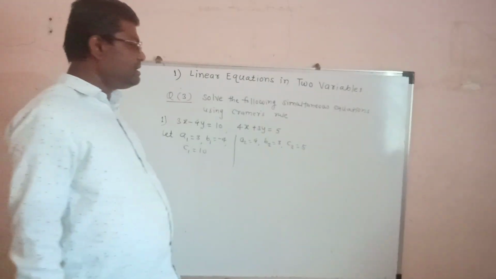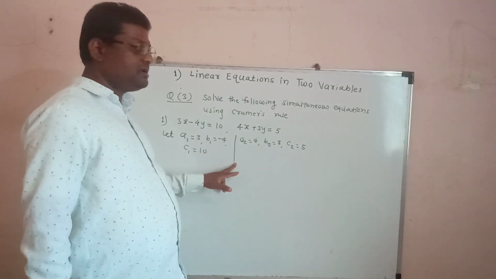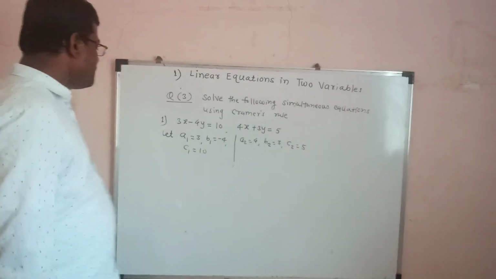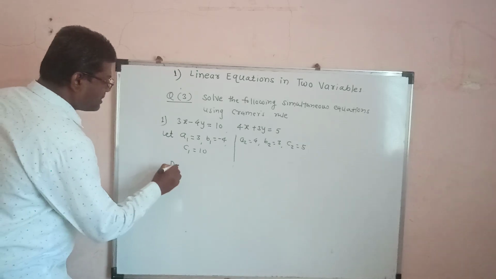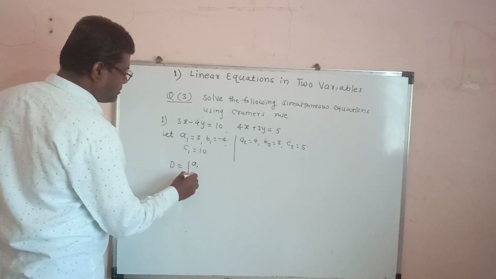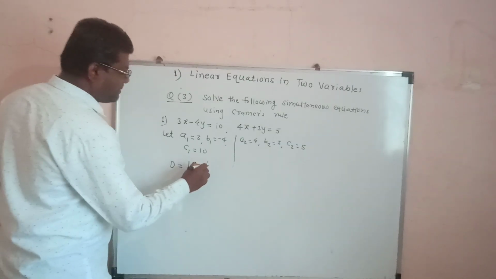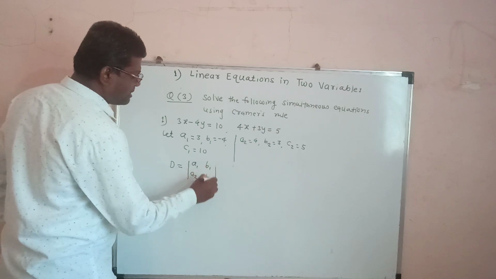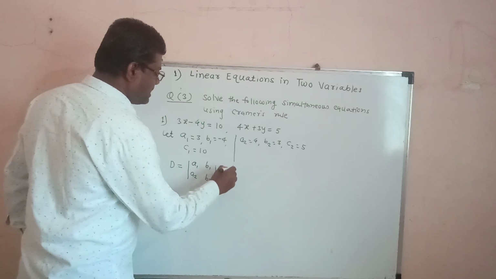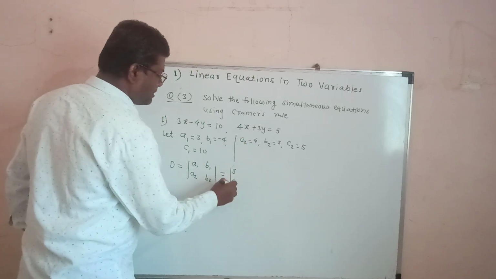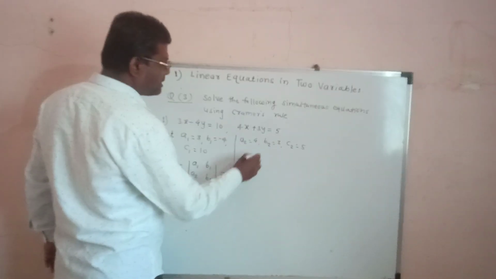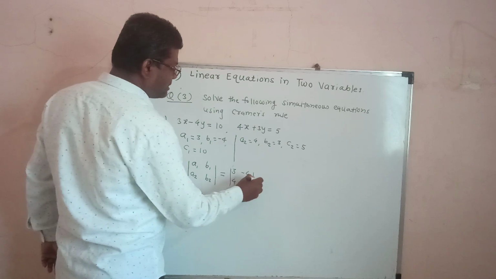Now we find three determinants. That is, the first determinant is D, then we find Dx, and then we find Dy. Now D is equal to the determinant with a1, a2 in the first column and b1, b2 in the second column. Therefore, a1 is 3 and a2 is 4 in the first column. In the second column, b1 is equal to minus 4 and b2 is equal to 3.